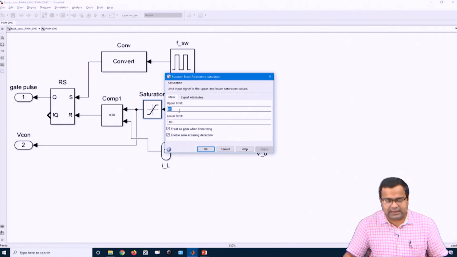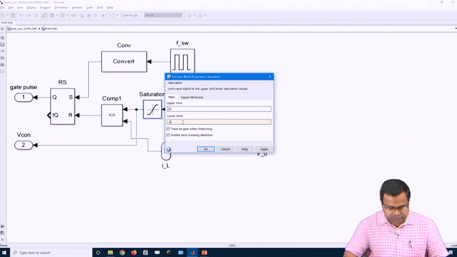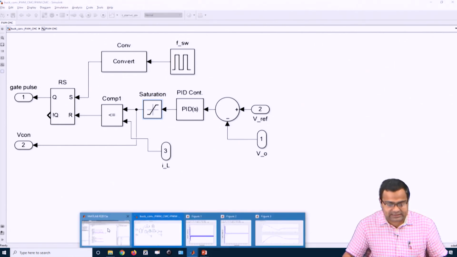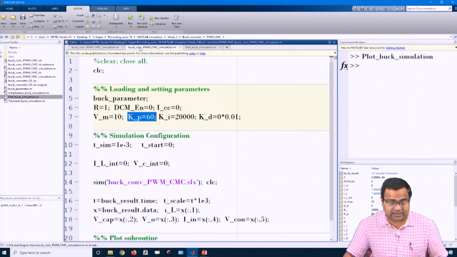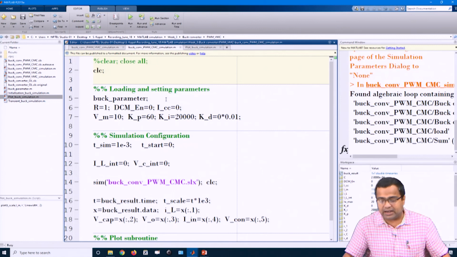So, I am setting a current limit of 25 ampere, and the same value on the minus side also, minus 25 ampere. Now I want to repeat the same simulation, but with a different color. I am not changing anything, there is no additional soft start circuit, I am just repeating the simulation with a current limit.